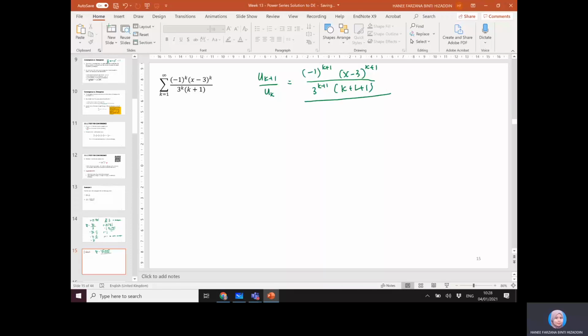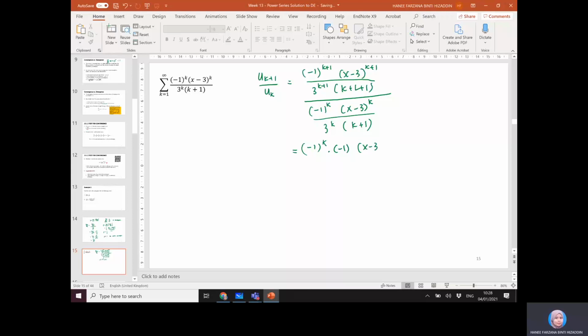So this whole thing here is divided by (-1)^k times (x minus 3)^k over 3^k times (k+1). Be careful when simplifying the terms with a double denominator. You can simplify things now already.